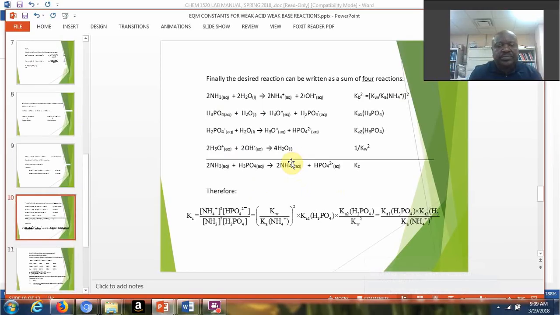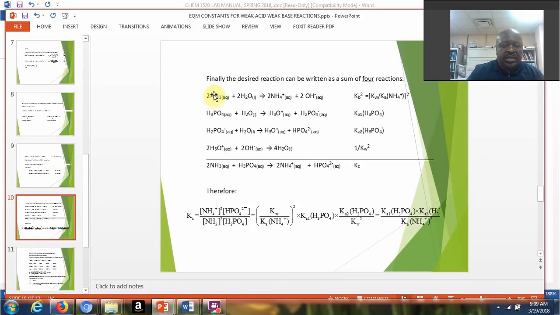Moving along. Let's write the baby reactions and see if we can combine them into the mother reaction. Now, in writing these, I want to focus on what happens in the mother equation.